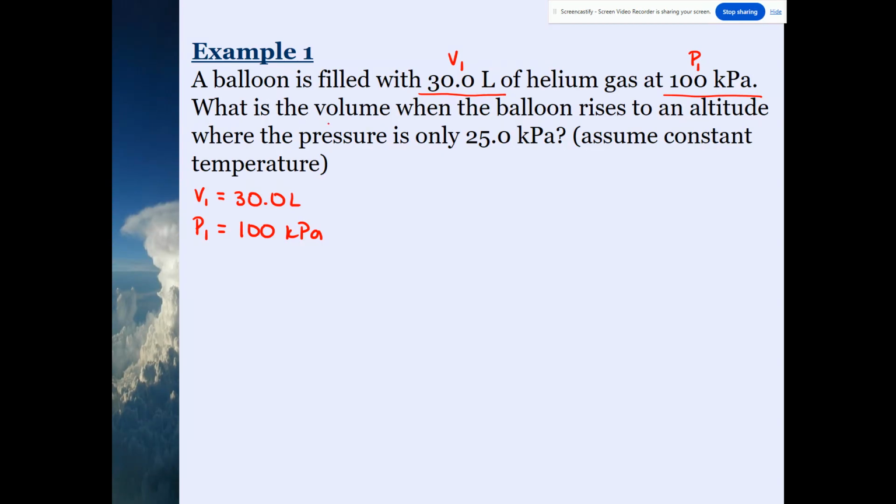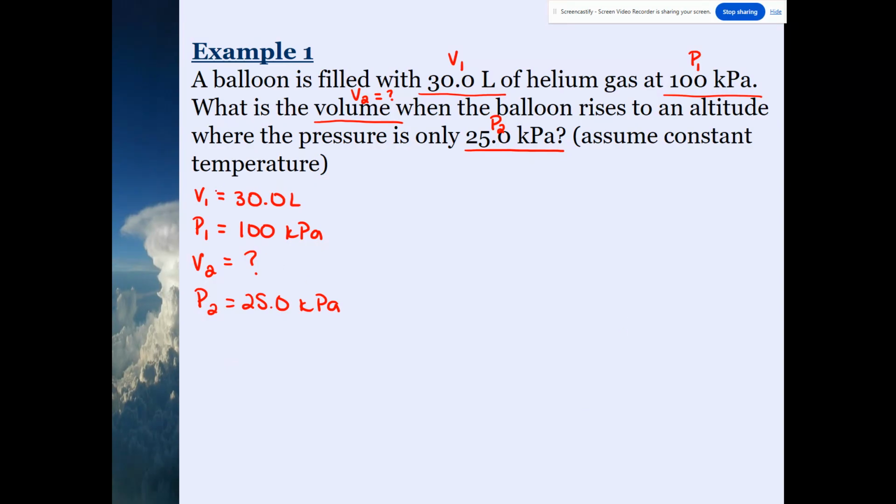It's saying what is the volume, so I want the new volume when the pressure is now, so if my new volume is V2, P2 is the pressure at that volume, okay? So my V2 is my unknown, and my P2 is 25.0 kilopascals.